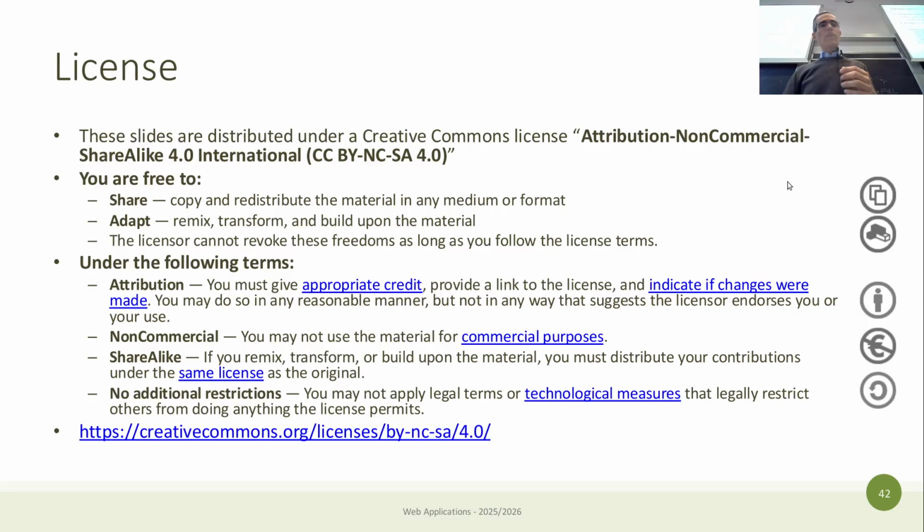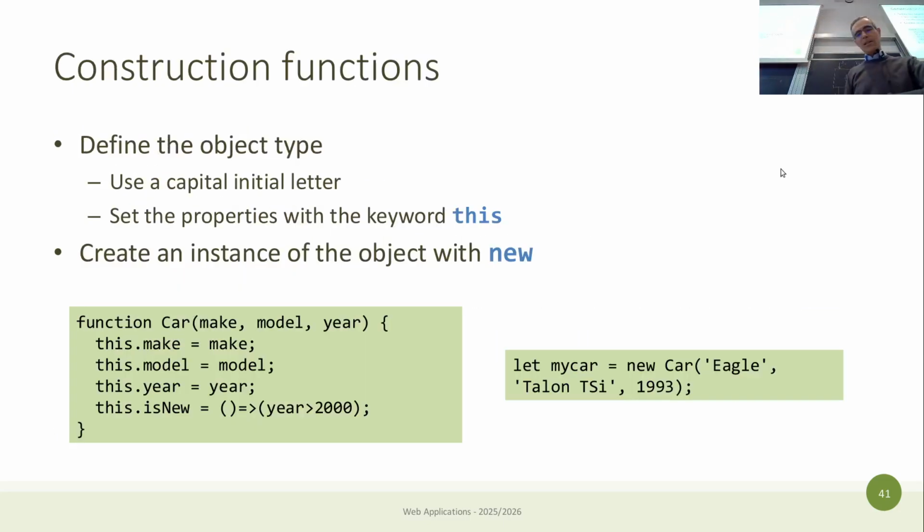Okay, so just the last slide, okay? I told you, some of you might like using a sort of object-oriented programming style. We already saw this new, I told you, we can create objects with a new keyword, and you can even define sort of constructors to be used with this new, like in traditional object-oriented programming languages.